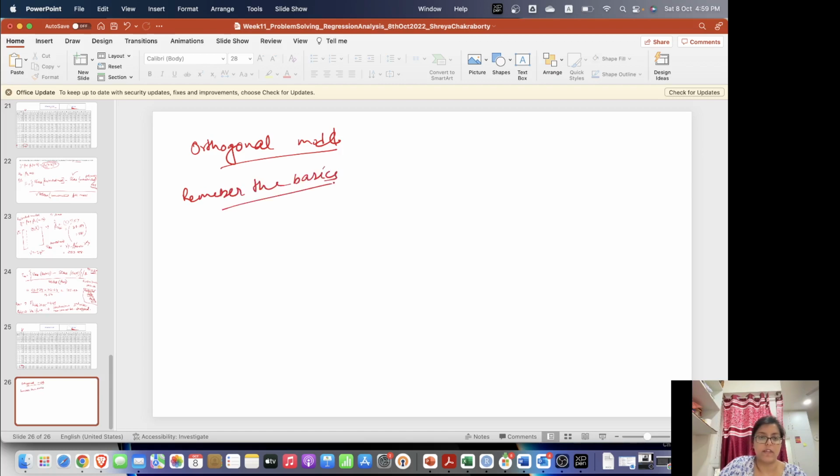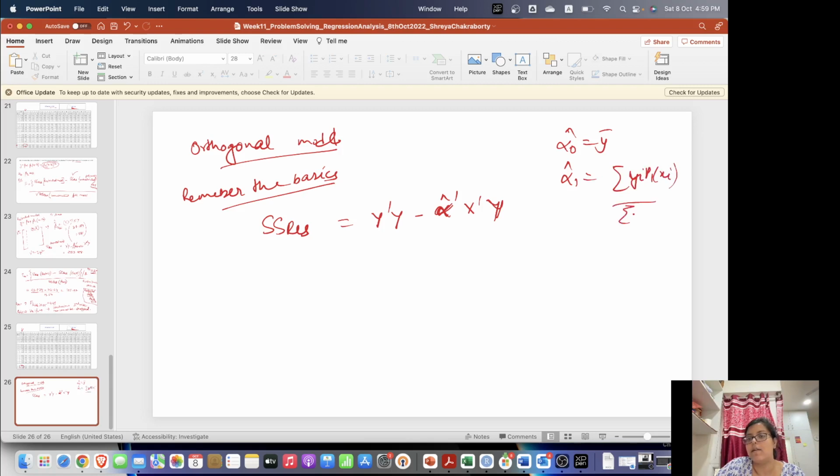The SS residual becomes y prime y minus alpha hat prime x prime y. Alpha naught hat was y bar, alpha 1 was summation yi p1 xi by summation p1 xi square, and so on and so forth. But these main equations remain the same.